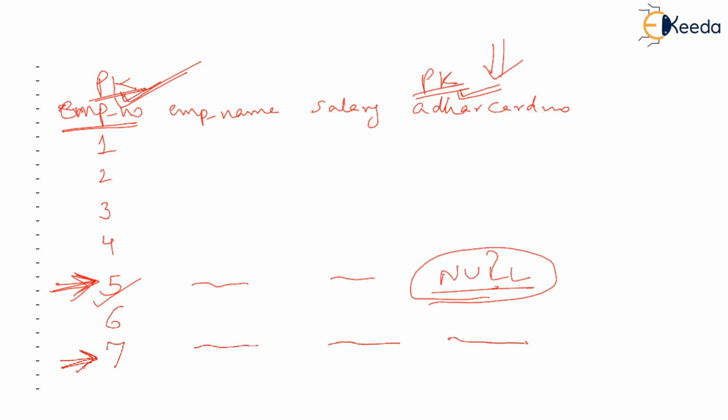You saw in this exercise that employee number and Aadhaar card number both could have been primary. We call these two attributes, employee number and Aadhaar card number, candidate keys. Very interesting. Why? Because both are contesting election, it seems.